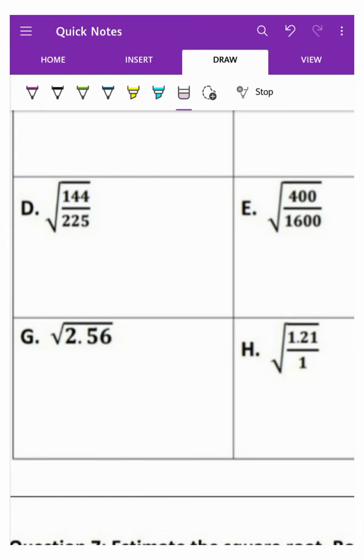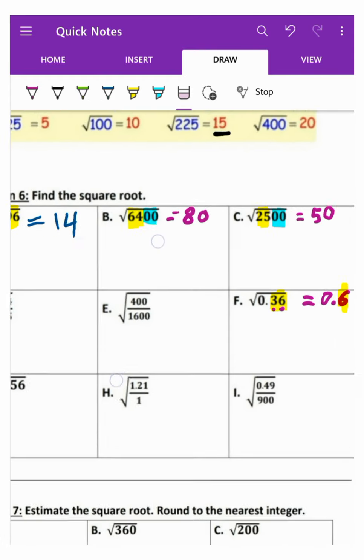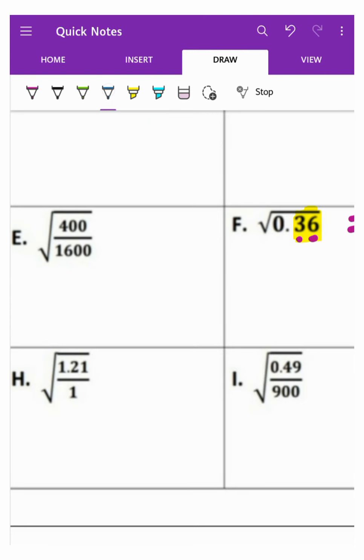Okay, let us move to the second one here. We have a number with zeros. As you see here, 4 is a perfect square, and 4 gives me 2, and we have 2 zeros here, so we take 1 zero. 16 is a perfect square, and 16 gives me 4, and I have 2 zeros here, I take 1 zero only.